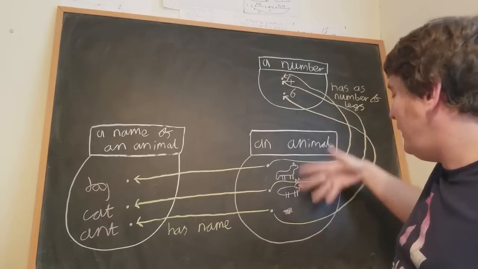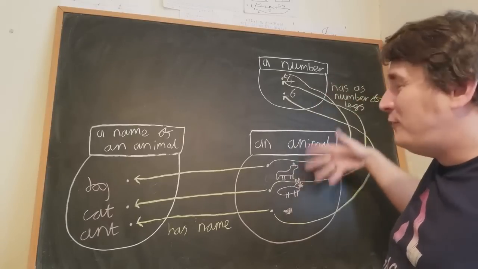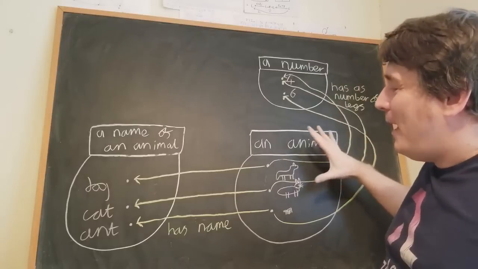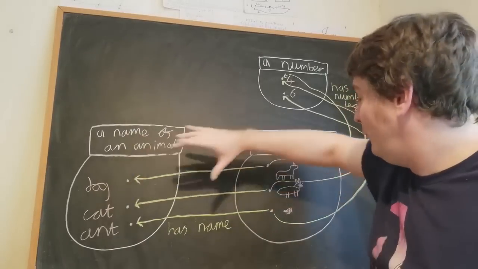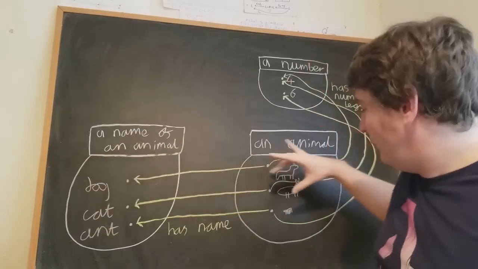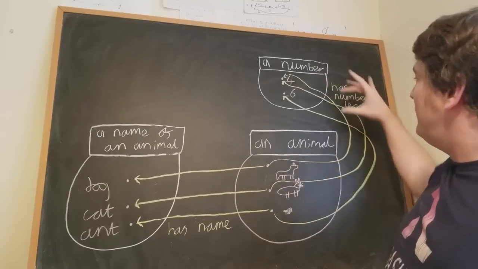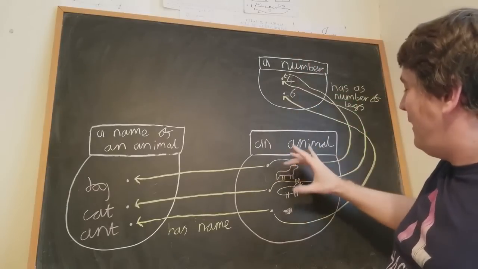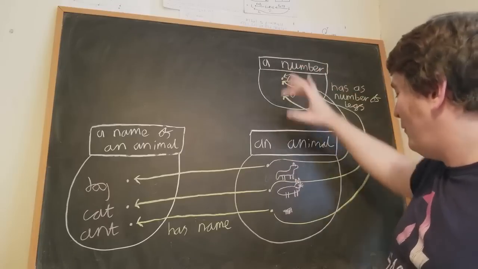Actually, maybe you could call this a set of badly drawn pictures of animals, but anyway, here we have this set of names of animals, and we're sending these pictures to the names of the animals that they're supposed to be, and then we're also sending these pictures to the number of legs that they have. Okay, so we're sending this dog here to the number 4, this cat to the number 4, this ant here to the number 6.